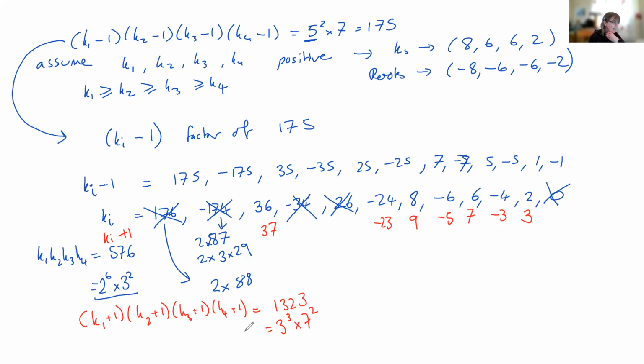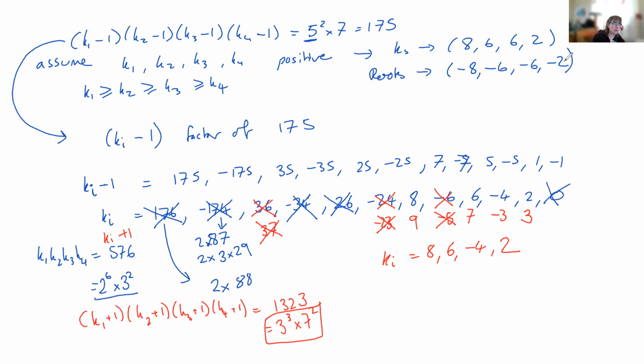Okay, so these k's have got to have factors which will go into here. So that means I can do some more elimination. So 37 goes, 37's prime. 23 goes. 5 goes, because 5 is not in there. And that leaves us with 8, 6, minus 4, and 2. So my possible values of ki are 8, 6, minus 4, and 2.